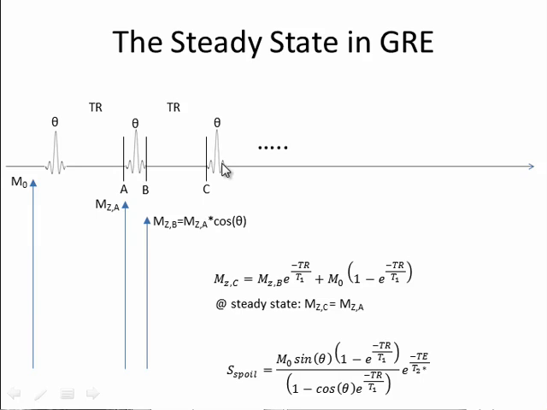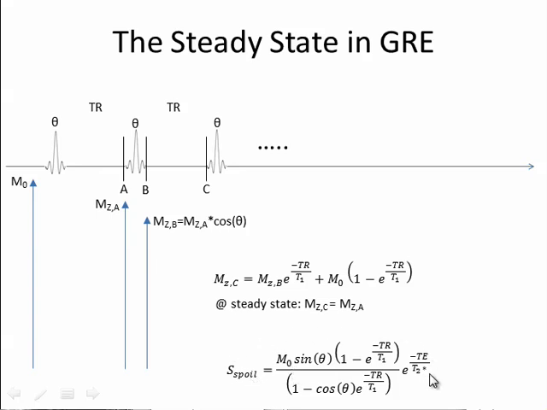Not necessarily the second and third pulse, but somewhere down here, this situation will be achieved, and that's the steady state. And since we assumed that the transverse magnetization was gone, this is a spoiled sequence because there is no transverse magnetization. It doesn't really matter right now how it was spoiled. We'll just call it spoiled.